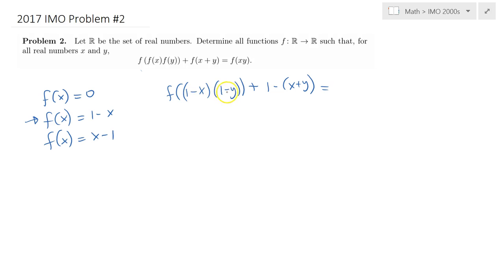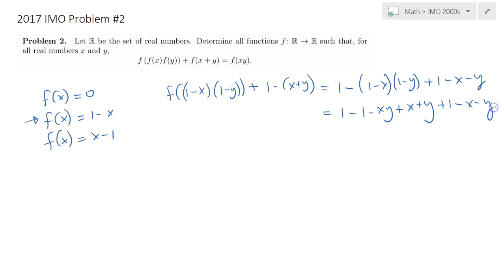So f of 1 minus x times 1 minus y, again applying the definition of the function one more time, 1 minus x, 1 minus y, plus 1 minus x minus y, and now expanding it, 1 minus 1 plus minus xy minus x, or plus x plus y, I guess, right? So plus x plus y, yeah, plus 1 minus x minus 1.